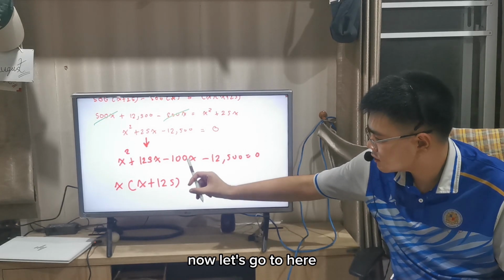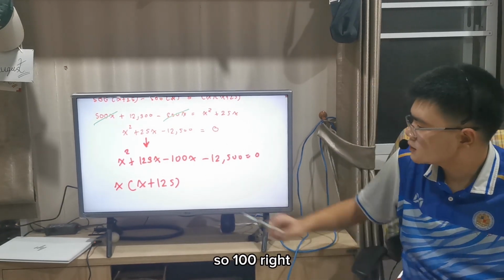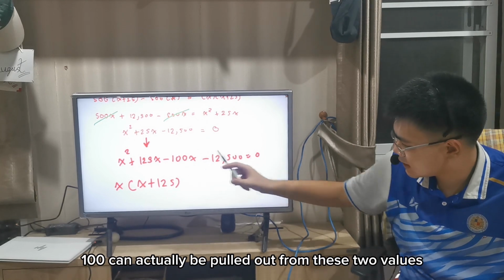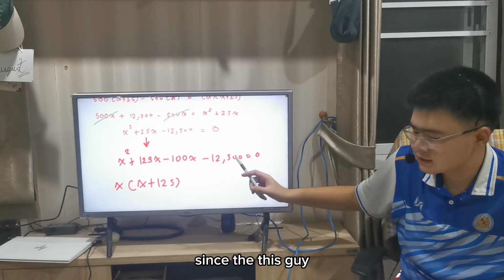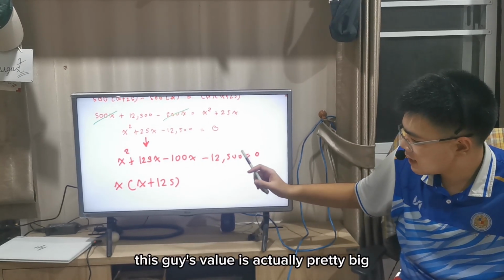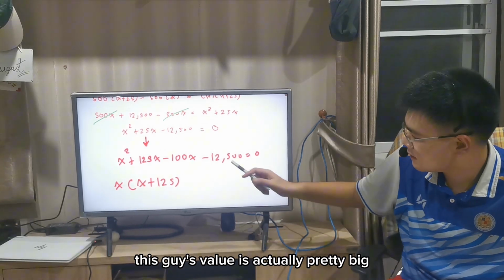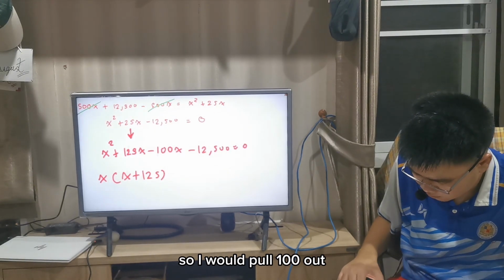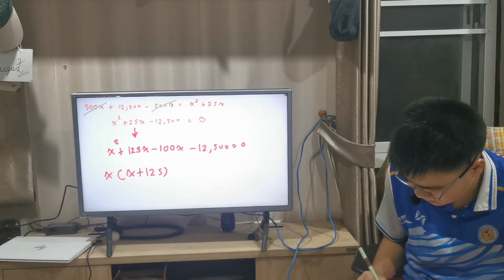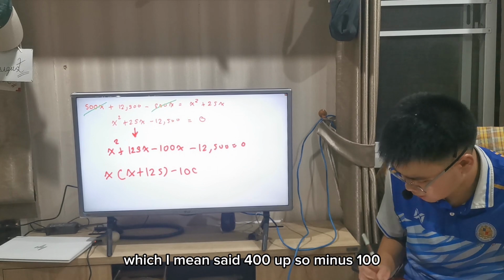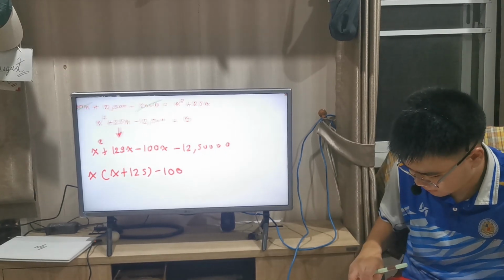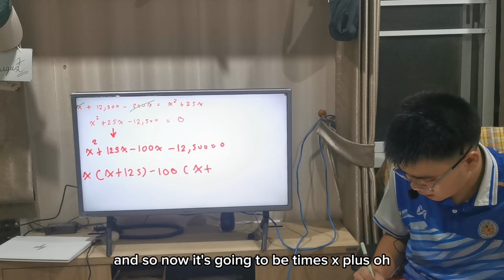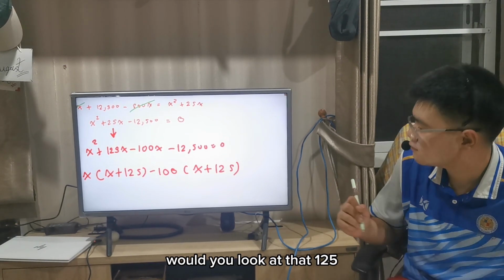Now, let's go to here. 100 can actually be pulled out from these two values, since this value is pretty big. There are two zeros here, so you can cut them off. So I would pull 100 out, so minus 100 times x plus, oh, would you look at that, 125.